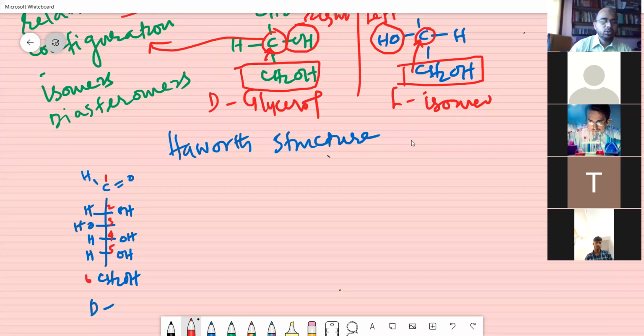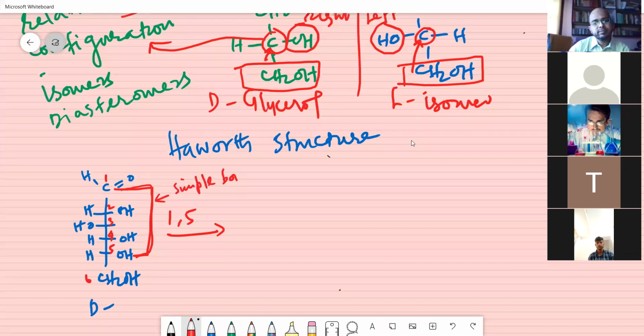Now I am going to show you this 1,5 linkage. The first carbon atom is linking with the fifth carbon atom. Because it is linked, this is a simple bond, and this bonding brings it like this.